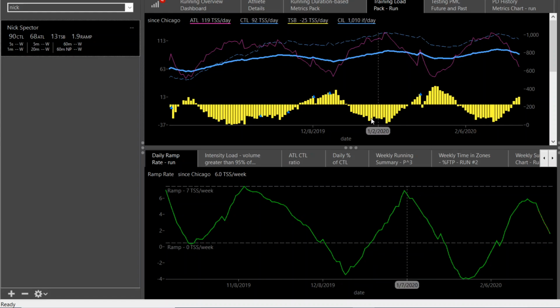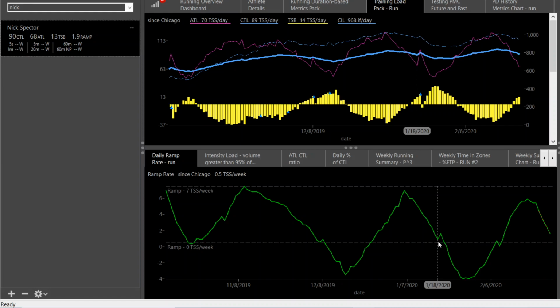Again, we did a taper that got him to a TSB of plus 19 and plus 0.5 ramp rate the day before. So again, in my opinion, not perfect.